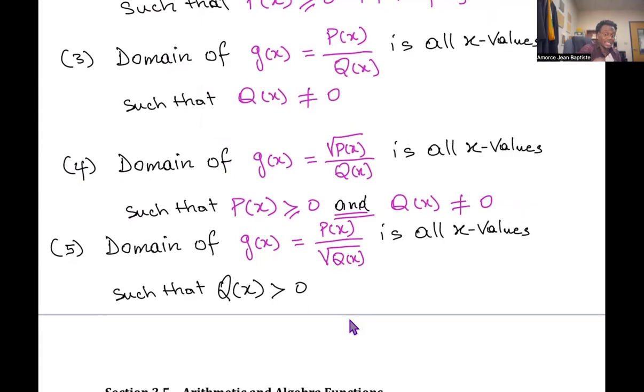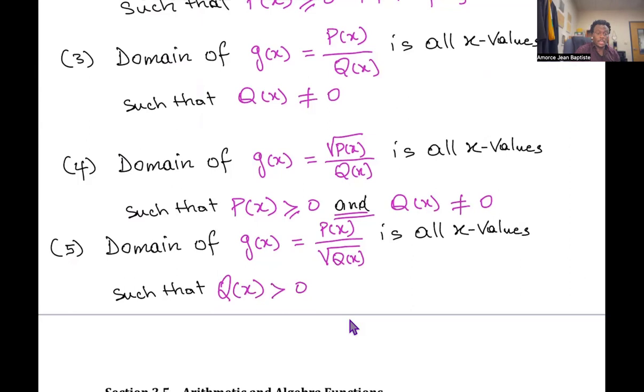So you want the inside expression q of x not to be zero here. You want that q of x to be positive, greater than zero, because it's in the denominator. So you're not taking the case where it equals zero, because if it equals zero, then you would have something that is not defined as a real number.